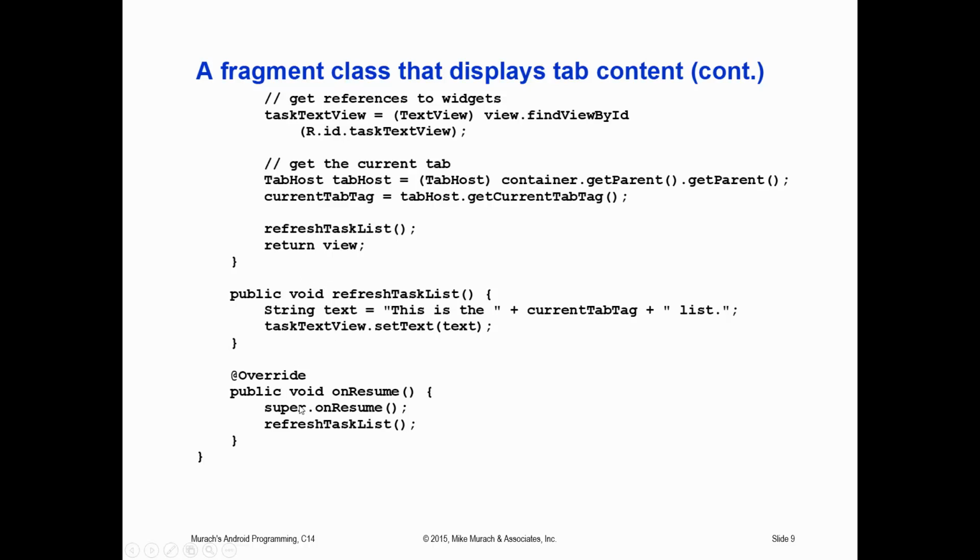Finally, we've got the onResume method that begins by calling the onResume method of the superclass. So within the class for a fragment, you use the TabHost class to get the tag for the current tab, which you can then use to display the appropriate data.